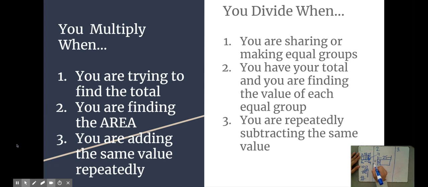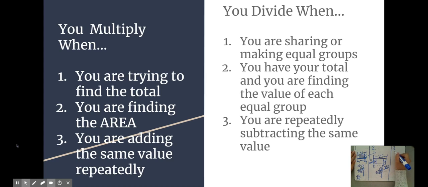Let's say that person 1 gets 5, and you're trying to find how many people will end up getting cookies. So same thing. You would do your 25 divided by 5, which hopefully we know is 5. So that would go where your question mark is. There are 5 people.